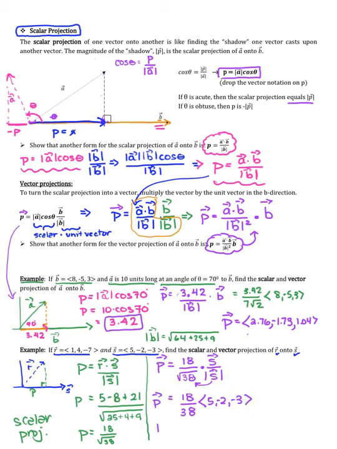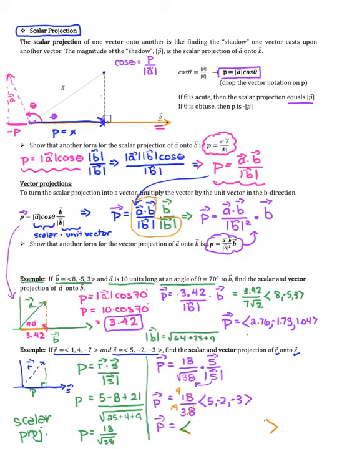That's going to give us our vector projection. And what I like to do, if I'm going to do it without decimals, I'm going to reduce this. That's 9 over 19.